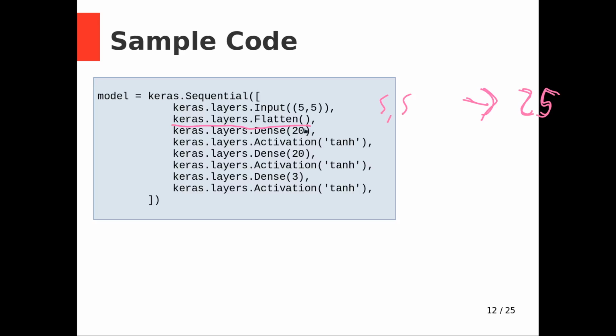Then, with my 25 size input, and notice I didn't need to tell it what that number was, it figured that out. With my 25 size input, I can build a normal feed-forward network. So, very loosely, you might wonder how I picked size 20. Essentially, what I'm doing is trying to narrow my network a little bit at every step, okay?